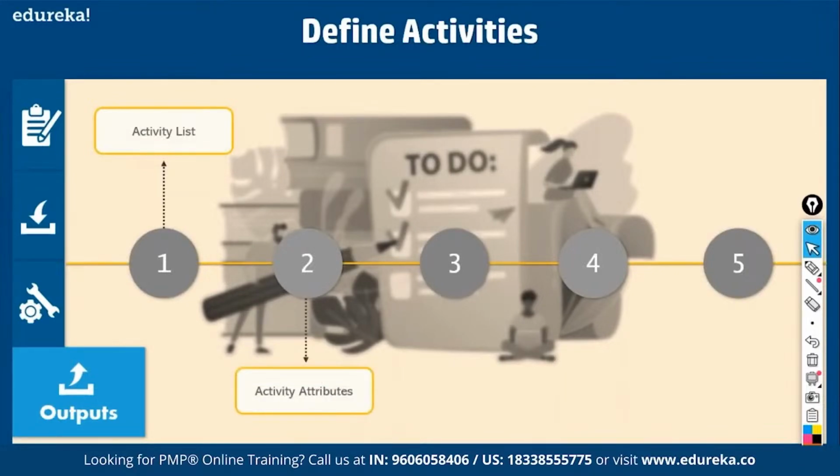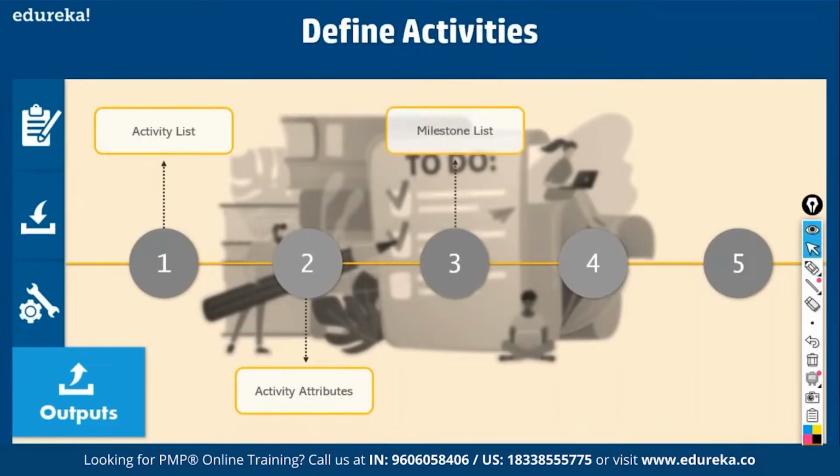Then activity attributes. What are the activity attributes? These activities have got a particular set of features. Who should do it? How long it should take, durations, what are the costs for these activities, right? In what sequence it should be done, which activity comes first, which should come next. All these are called activity attributes. Then milestone list.